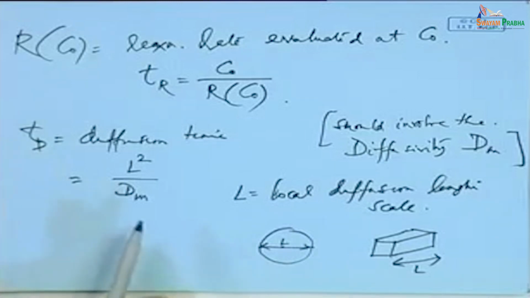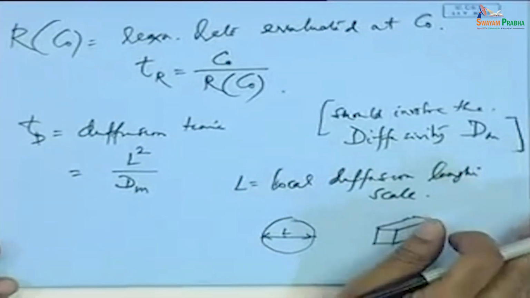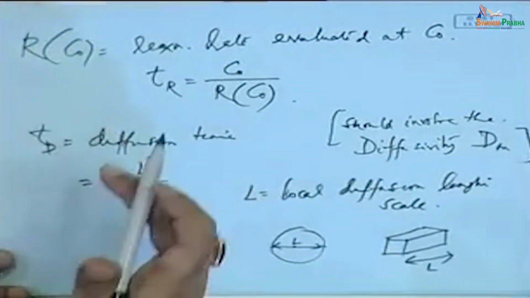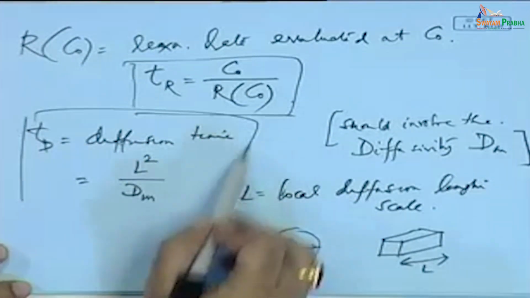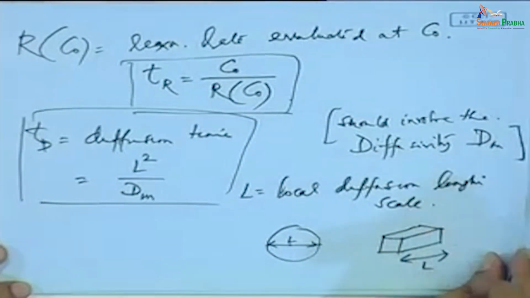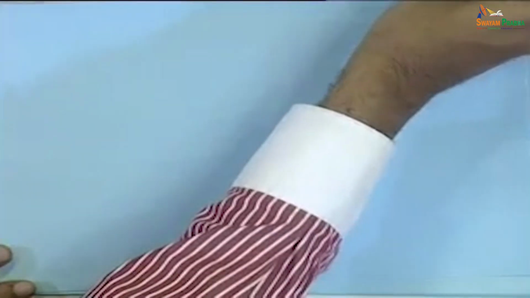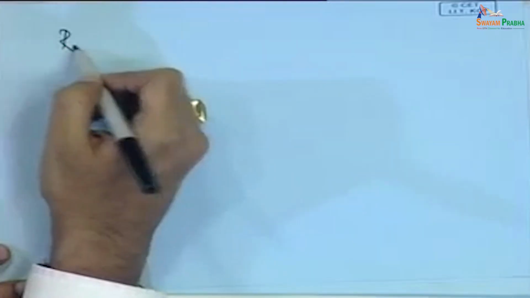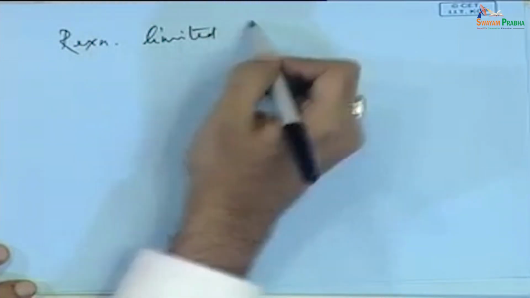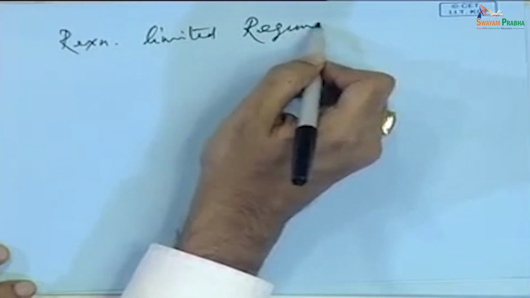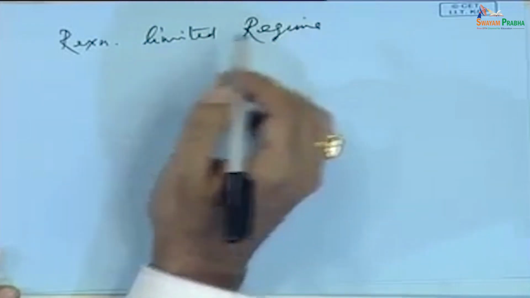Okay. So, now you got this, you got this. So, TR you got as this. Okay. Now, what would you like to do if you want to figure out if it is in the reaction limited regime? So, if it is in the reaction limited regime, then what happens?